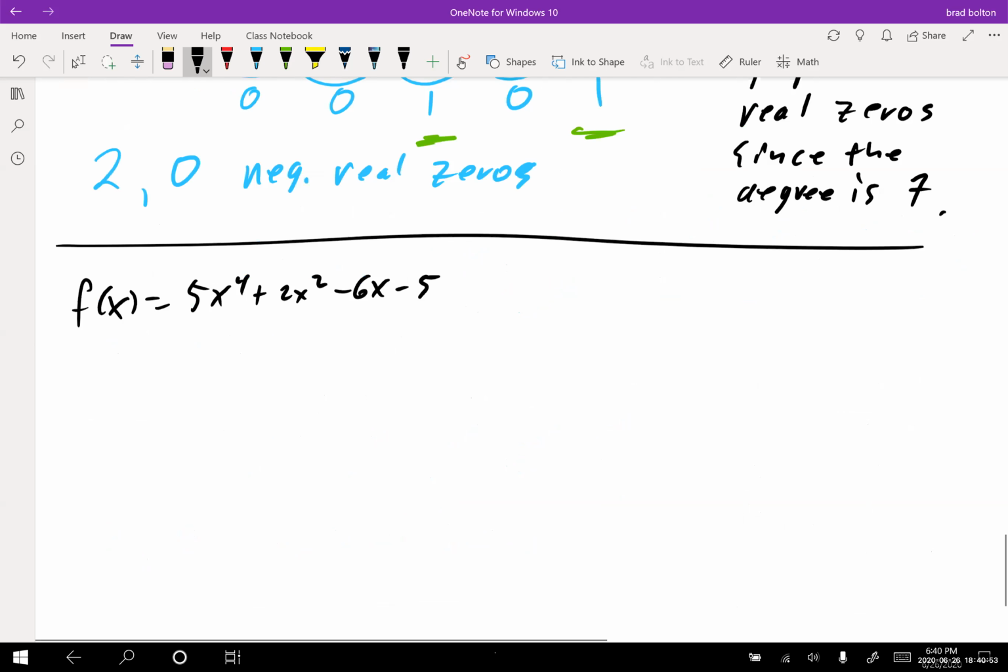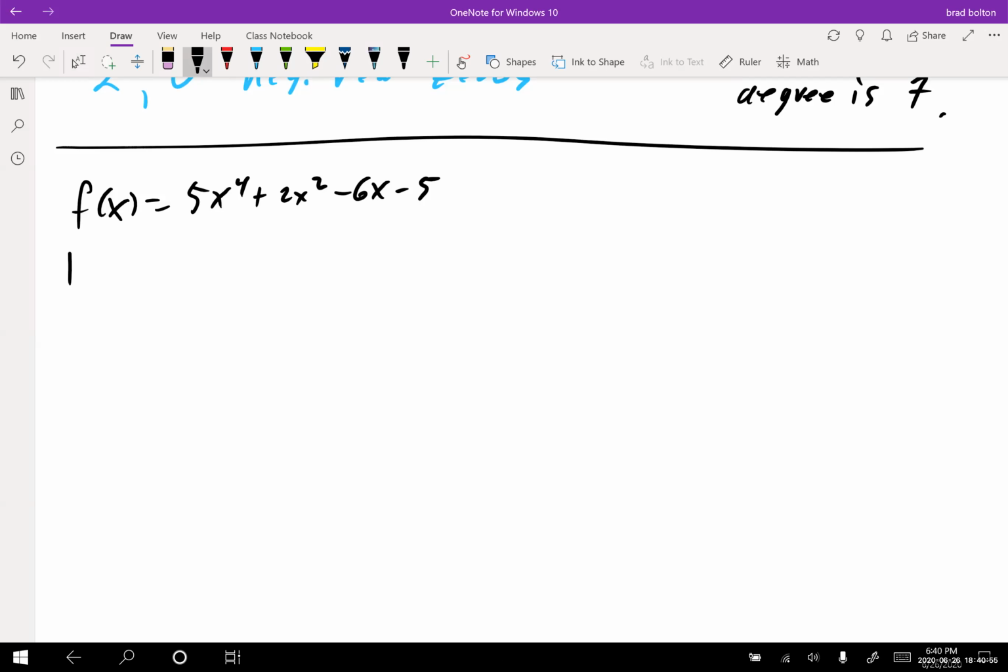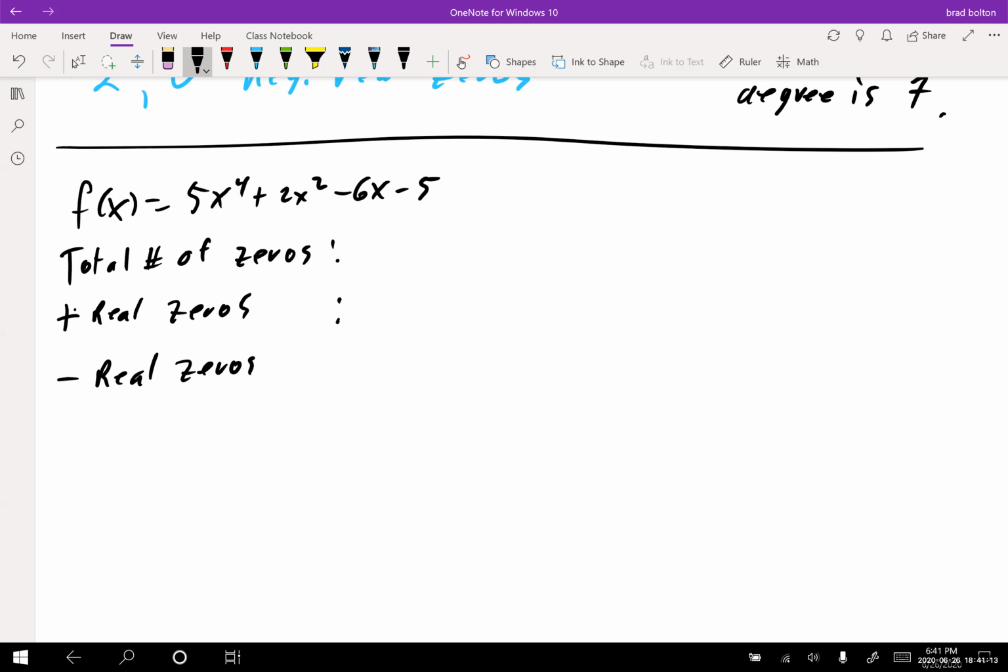Okay, so for this one, let's find the total number of zeros, the positive real zeros, and the negative real zeros. So once again, if you haven't had a chance, pause the video and come back and let's figure all this out. Okay, so hopefully you came up with the total number of zeros being 4 because the degree is 4.